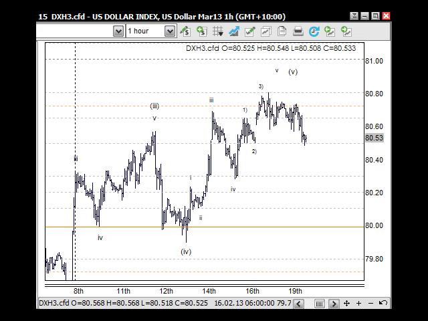Okay, so the US dollar and the US bonds will be moving together, and as you've seen before, there's a reasonable bias that the bonds can move even lower, but we just need to get that sort of confirmation, and that's a little bit the same here as well with the US dollar. We know that we're looking for a 5-wave structure up through here.